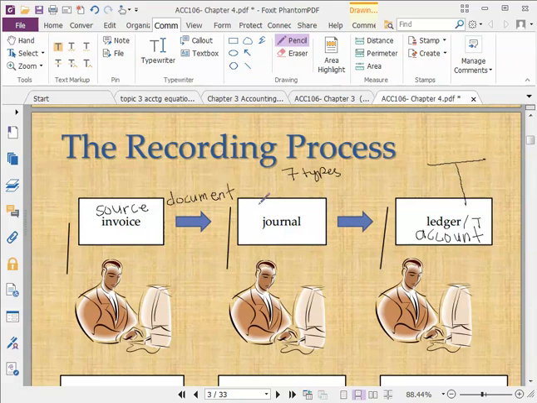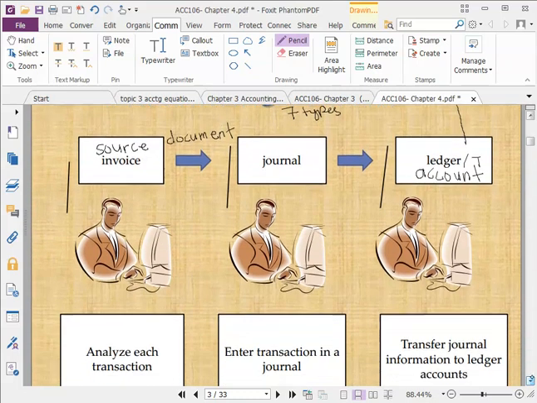So next, after we have the invoice or the source document, we should know how to do the journals. Before the journal, usually we do the double entry, that is debit and credit.